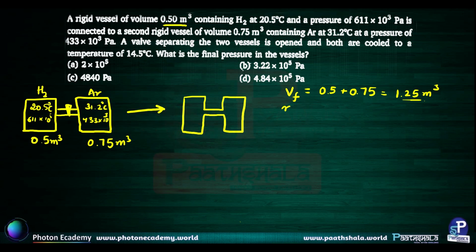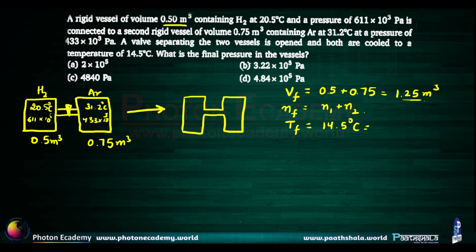We can also say that the number of moles final will be the number of moles of gas 1 initial plus the number of moles of gas 2 initial. The temperature final is given to be 14.5 degrees Celsius, which can be written as 287.5 Kelvin by adding 273 to this.